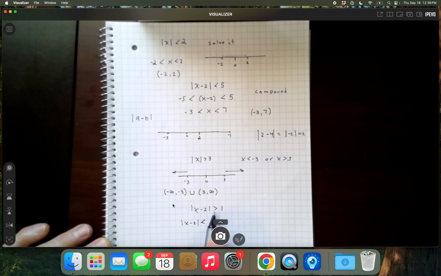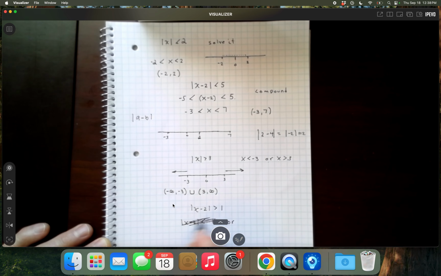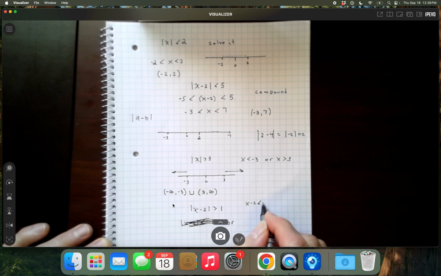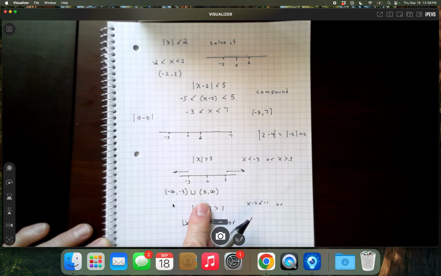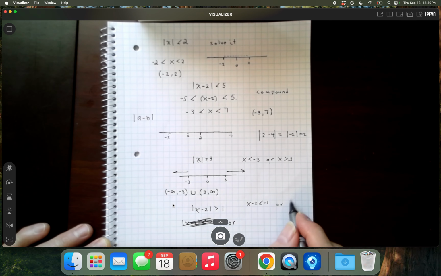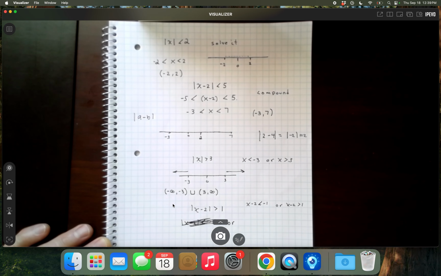Here, if it's greater than 1, that means you're less than negative 1, or, let me try that again, x minus 2 is less than negative 1, or this thing inside here is to the right of 1, x minus 2 greater than 1.